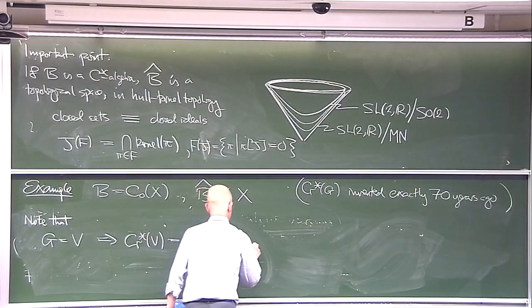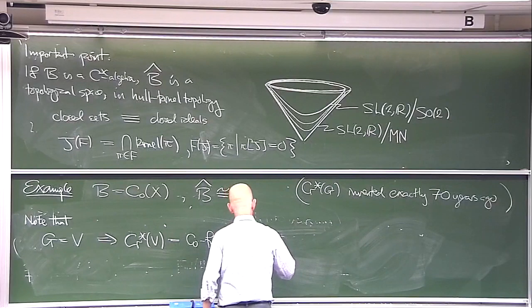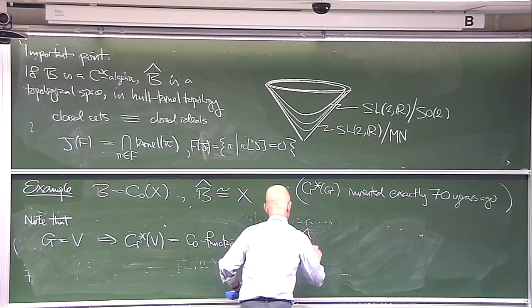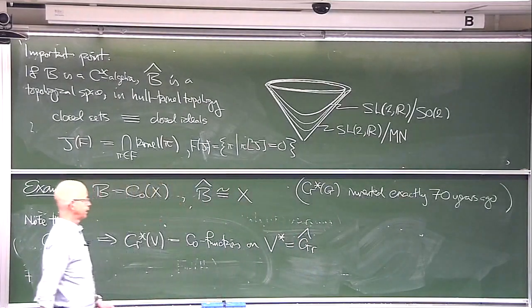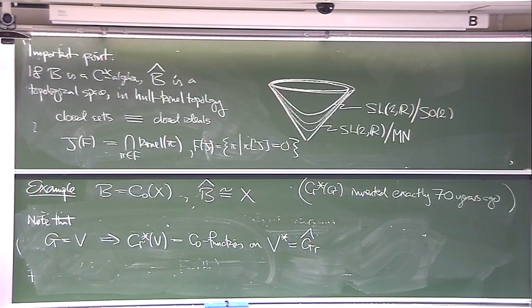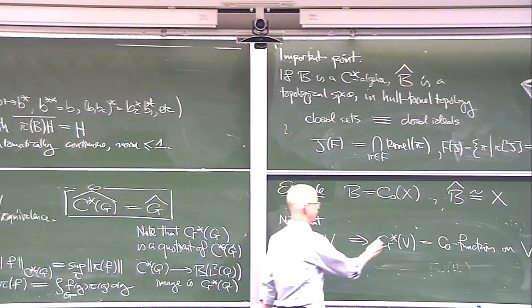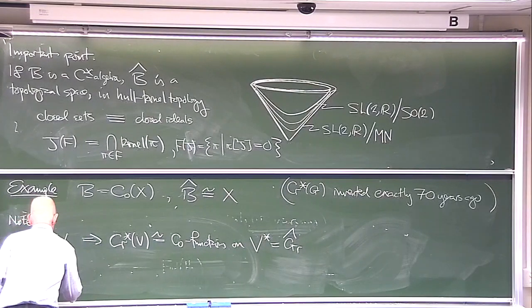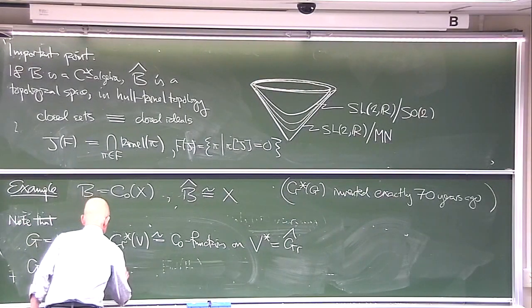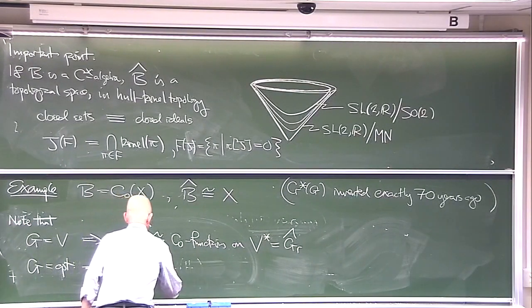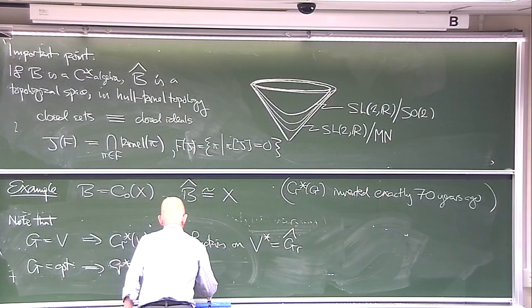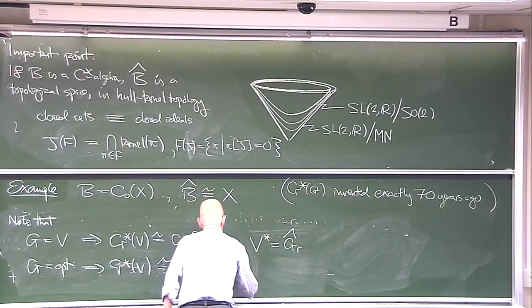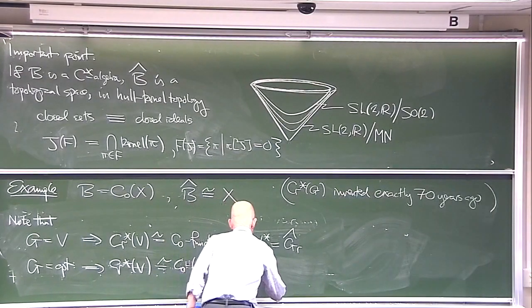Another way of saying this is that the C-star algebra is isomorphic to functions on the dual. And the same thing is true for compact groups, except that the functions are a little bit more complicated. They're operator-valued functions.